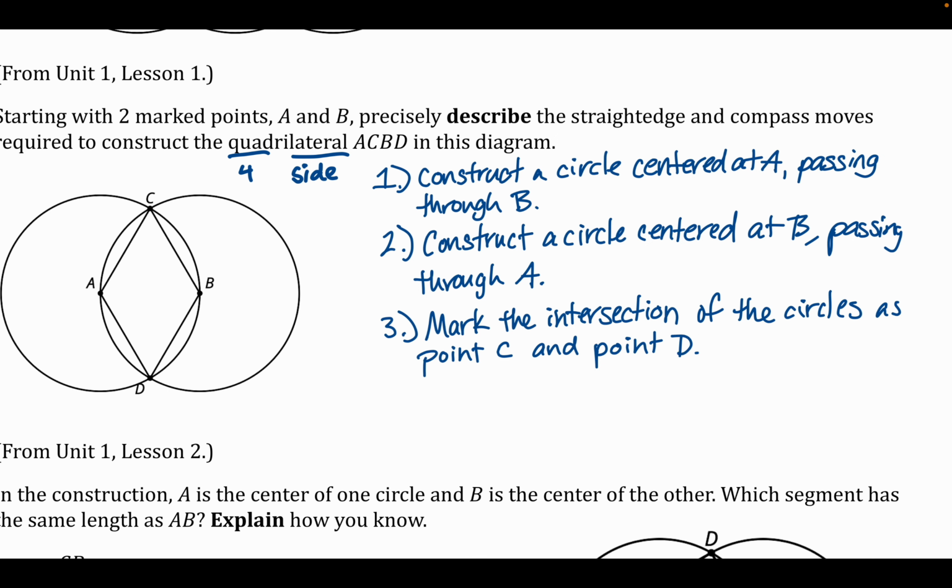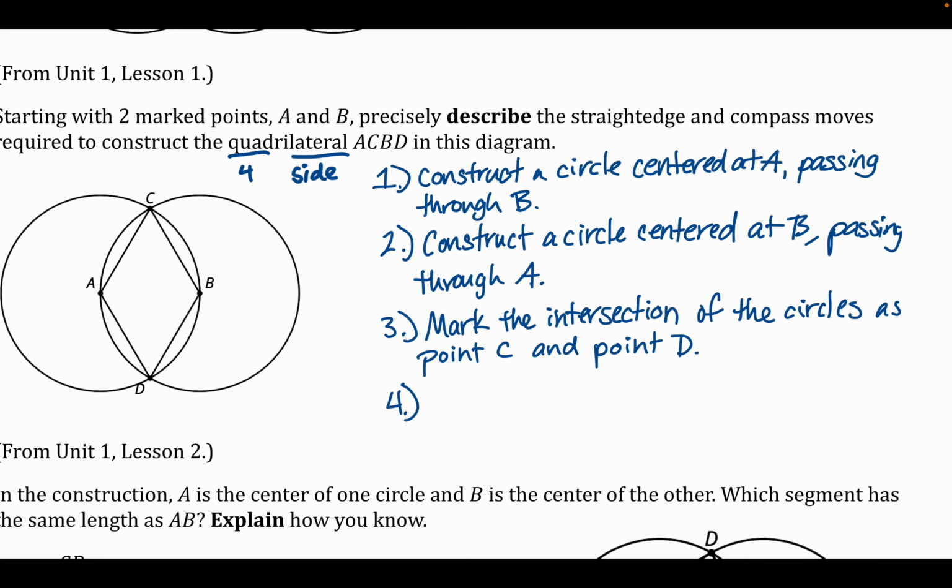Okay, now our last step is going to actually just be creation of those four sides. So our job now is to construct or create those segments, and we would do that with a segment tool if we're using Desmos, or a straight edge in any other case.